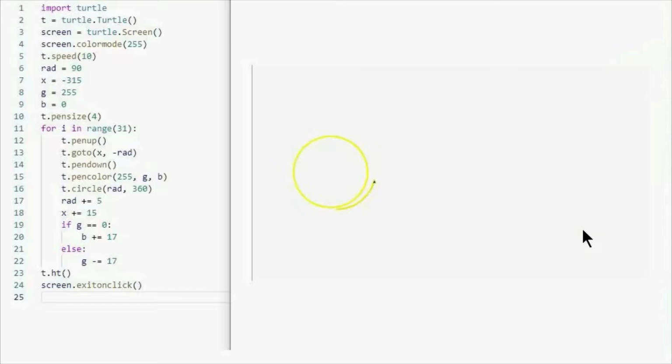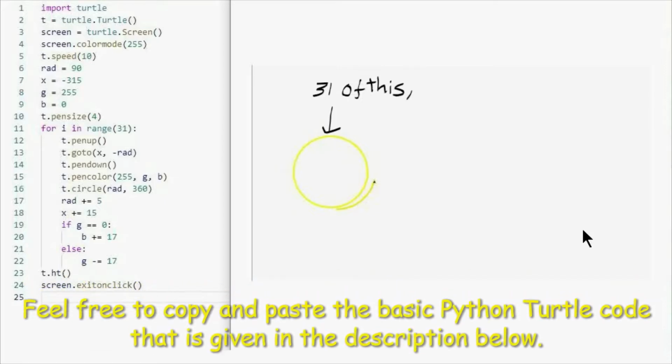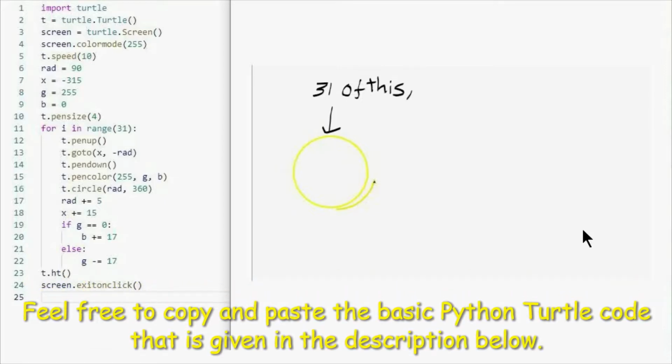There will be 31 of this circle. This is the smallest circle, and the next circle will be a bit bigger. So let me write it down here.